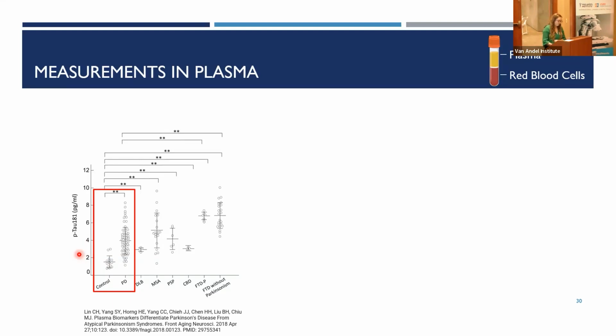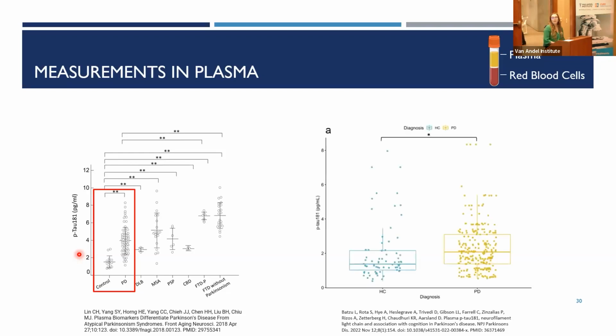Again, this original study was done in 2018. Another study was done in 2022 looking at this again in a different population of patients. You can see again, the Parkinson's disease patients do have higher aggregated tau in the plasma.